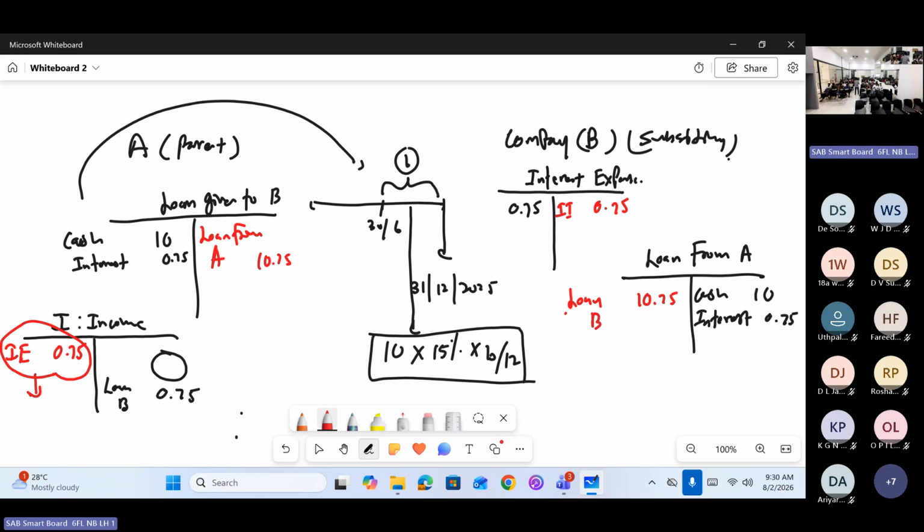If you are consolidating only the balance sheet, there is no NCI, no pass, right?